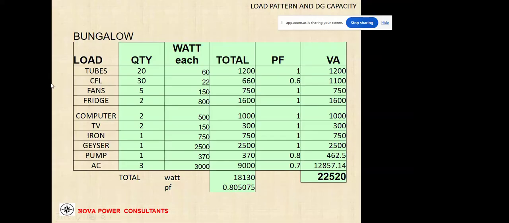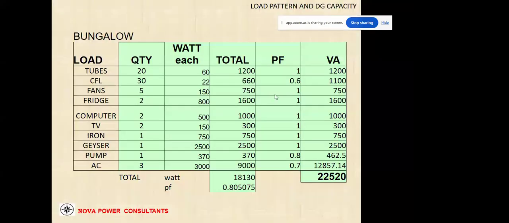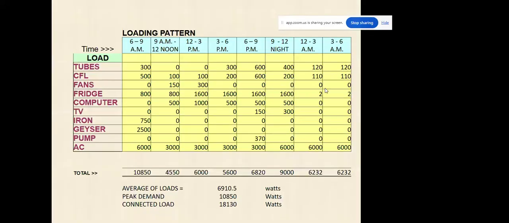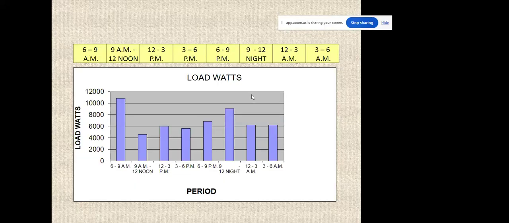Suppose there are multiple loads. I think we will skip this one because in the earlier example we have seen this. While assessing or auditing the total energy audit or the load, this pattern has to be followed up from their logbook.